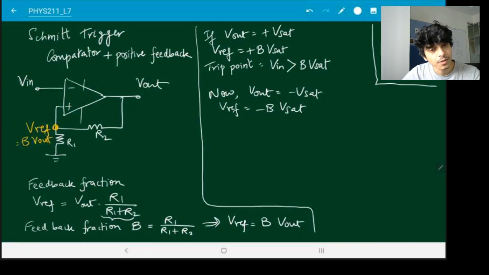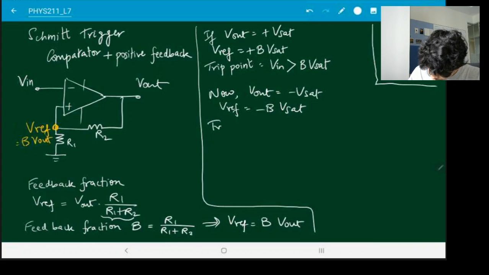Earlier, our reference voltage was always some fixed number. Either it was 0 or by putting that extra voltage divider over there, we had changed the reference voltage. But still, it was fixed. Now, your reference voltage changes depending on what is your output. So, when your output is plus Vsat, reference voltage is positive. When your output is minus Vsat, your reference voltage becomes negative.